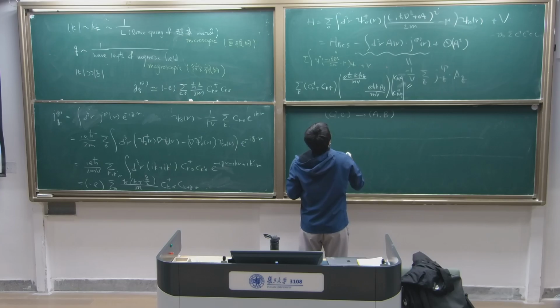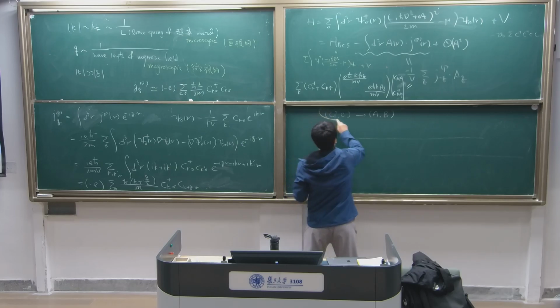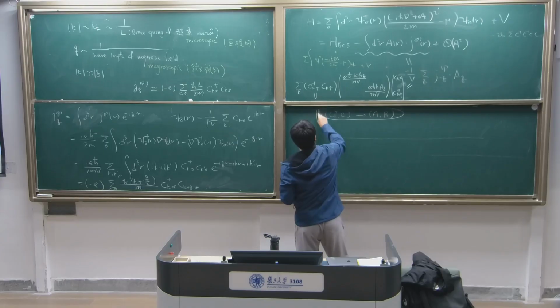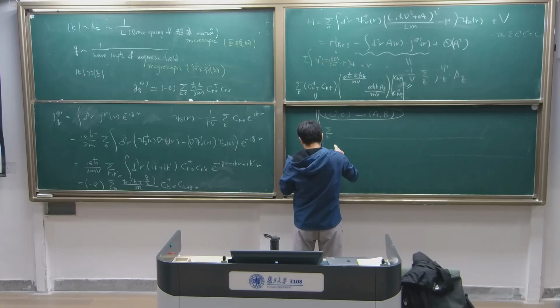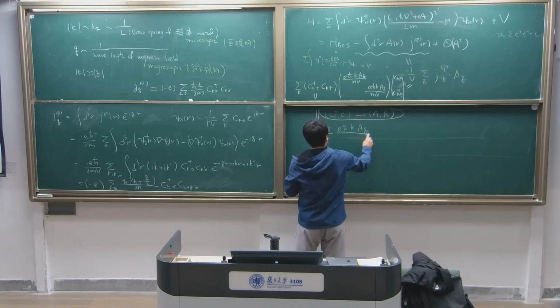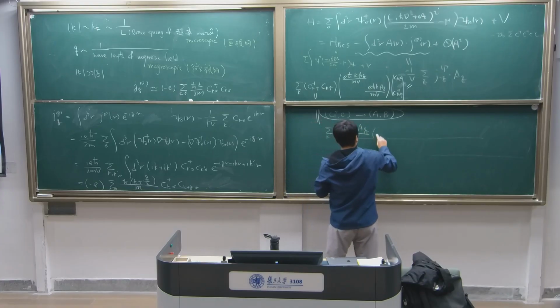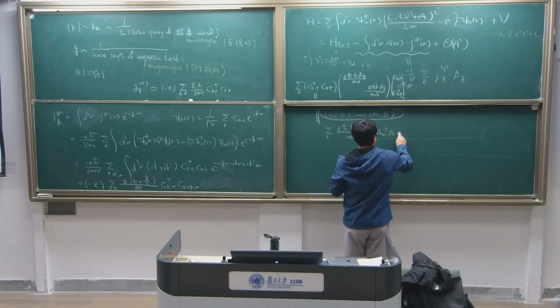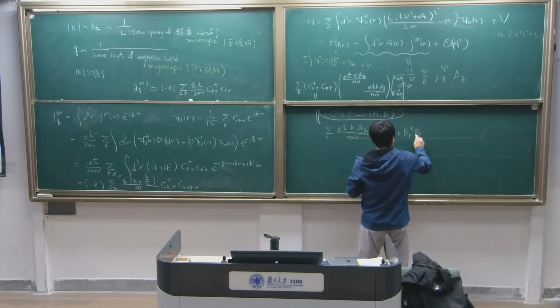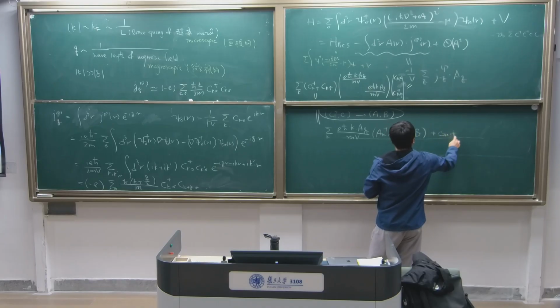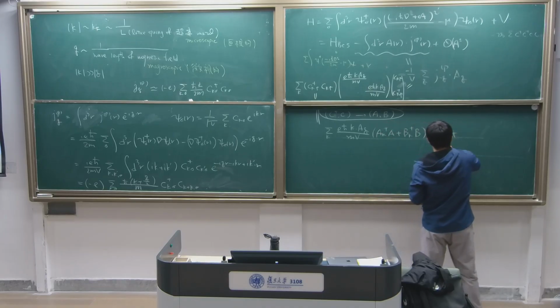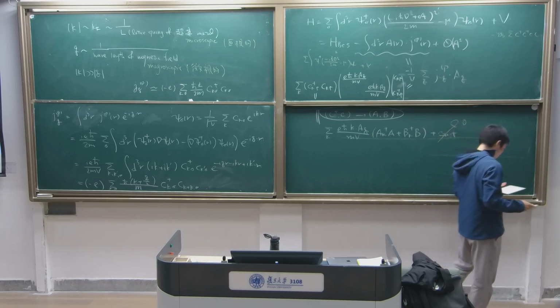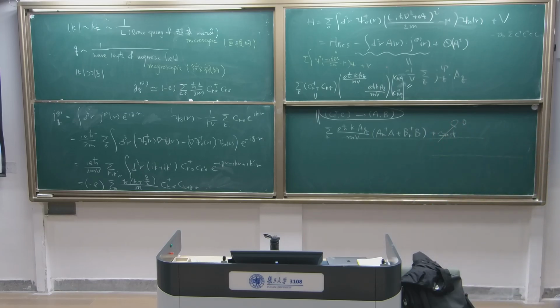And so this one is in fact equal to the sum over k of e to the i k dot q divided by m, c k dagger c k. I will ignore the constant.